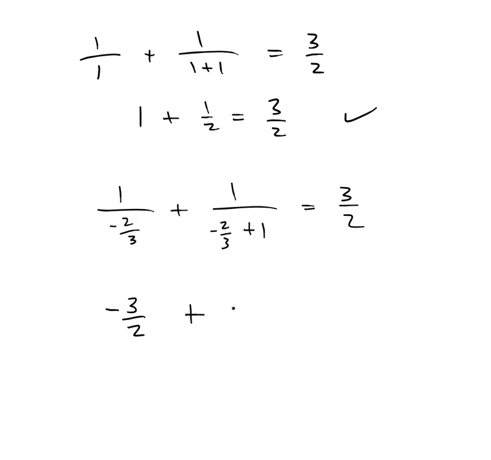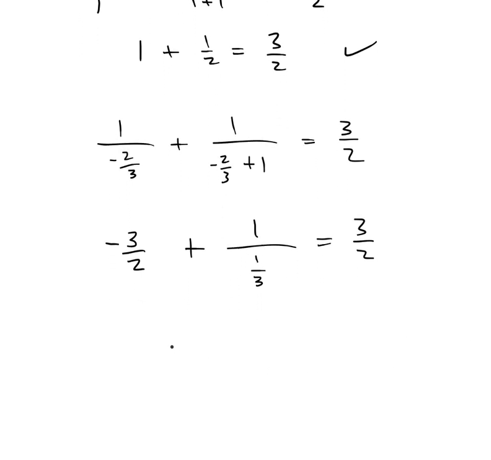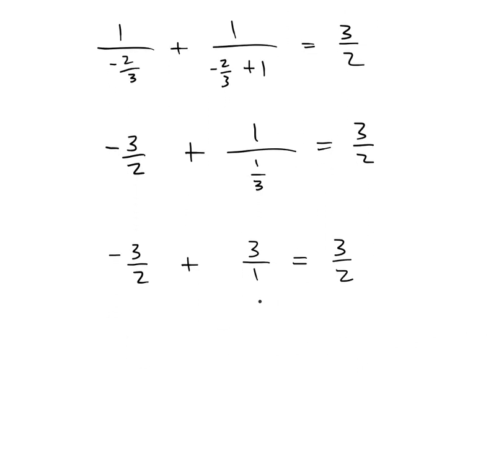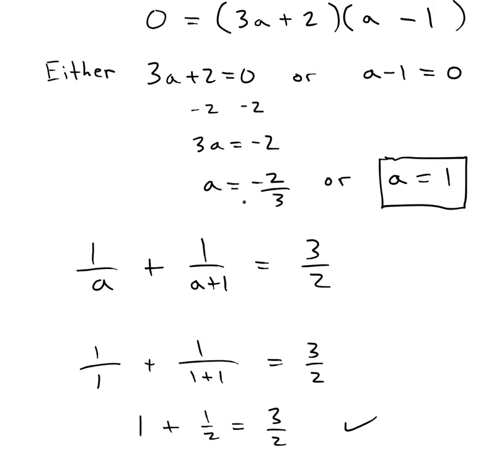Here we'll want to do that addition first, and we'll get just 1/3 there. We'll want to flip this fraction. Okay, so 3 minus 3/2 equals 3/2. That actually checks. So both of our solutions turned out to be real solutions. Great.